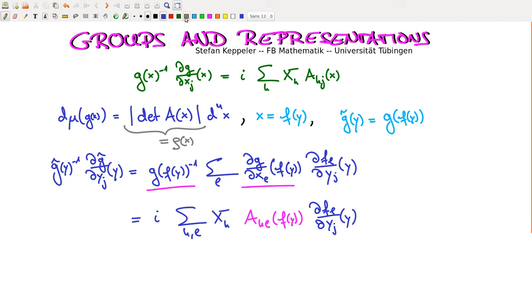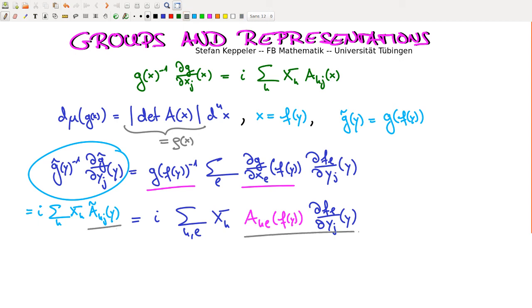Okay, but on the other hand, we could have just looked at this one here and said we expand this in the same Lie algebra basis, xk. Let's call the coefficients a tilde kj of y. So the a tilde is just a times this df dy derivative, which will give the Jacobian.